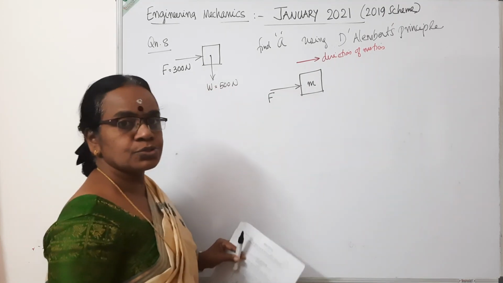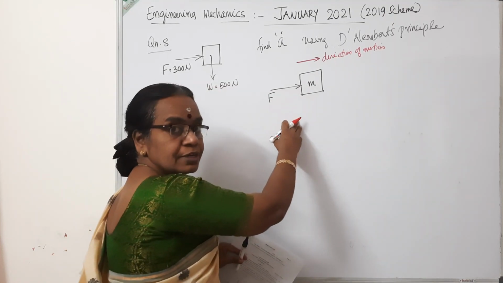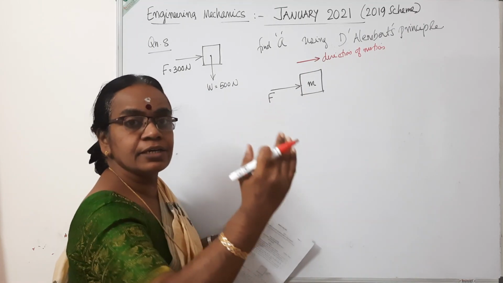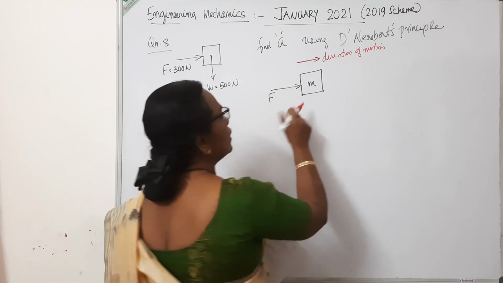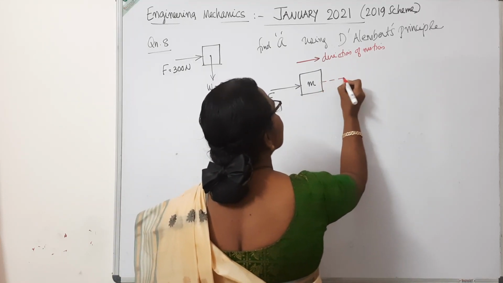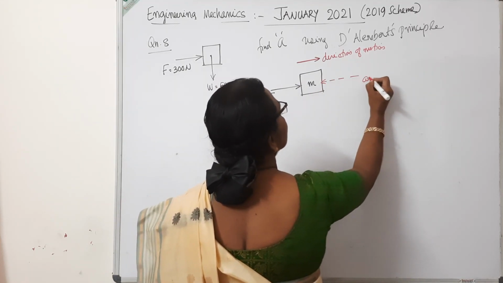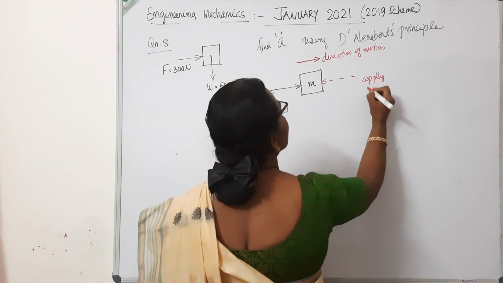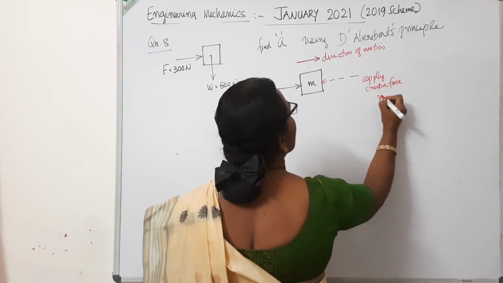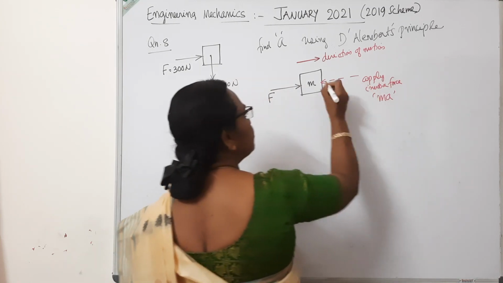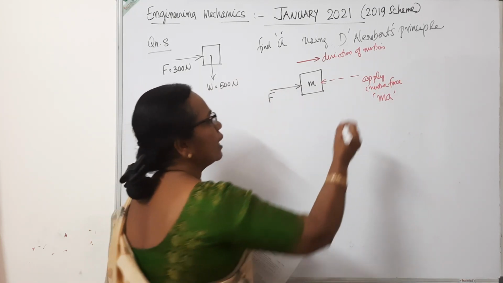Together with all the external forces, you apply an inertia force opposite to the direction of motion. So on this body, we apply inertia force m into a opposite to the direction of motion. This is called Fi.